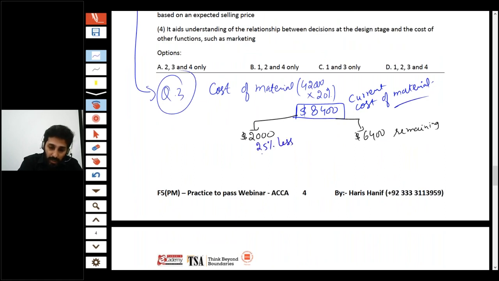So it will cost me 1500. Here it would become 1500, right?